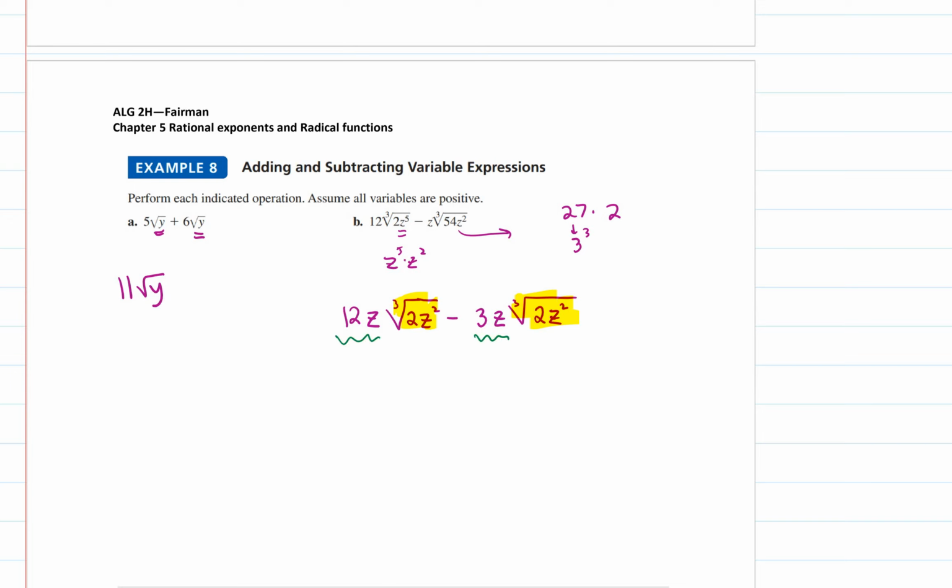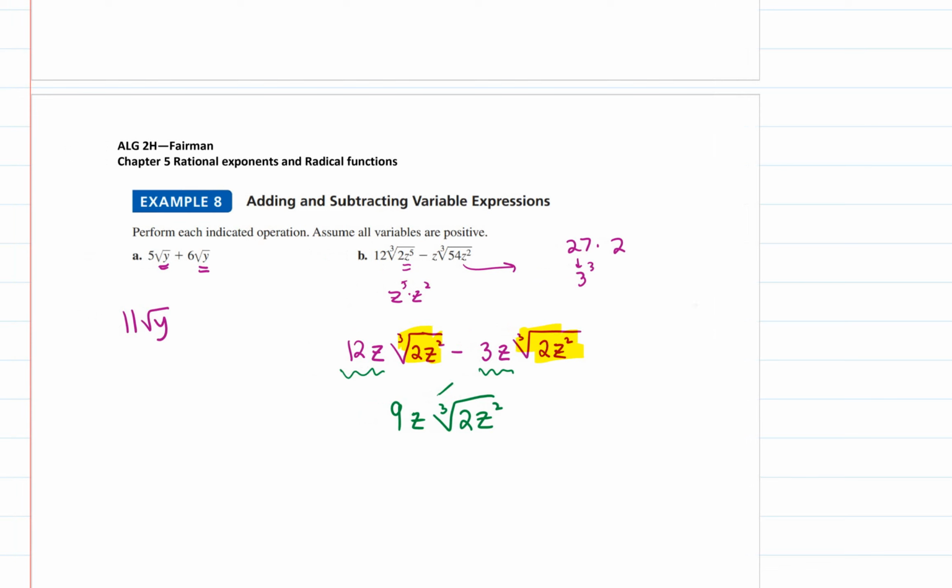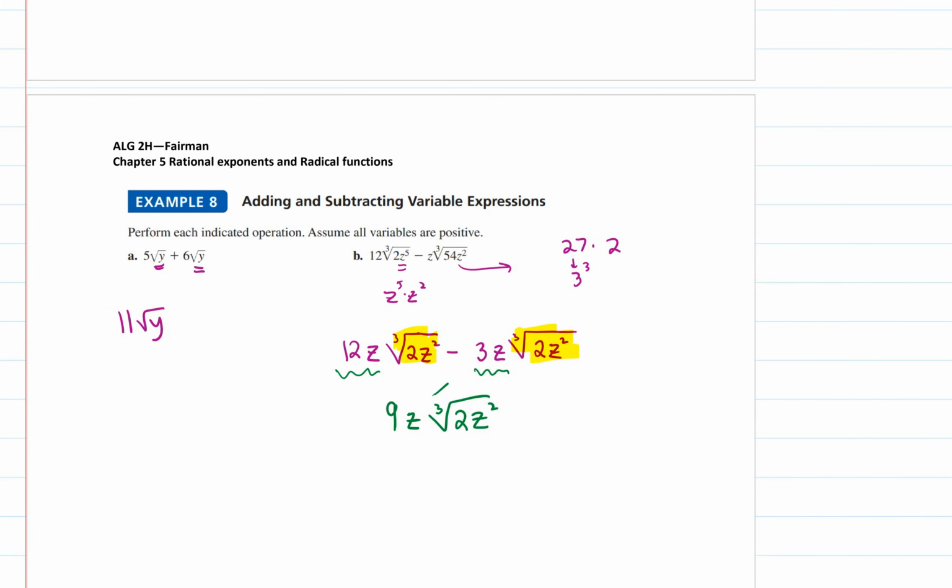So it's important to note that everything has to be like terms. If this was not a 12z, then I couldn't do anything with it. I could GCF the root, but otherwise I couldn't do anything. But since they're like terms I can subtract, and I end up getting 9z cube root of 2z squared. That is my final solution.